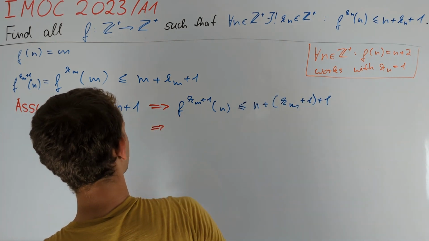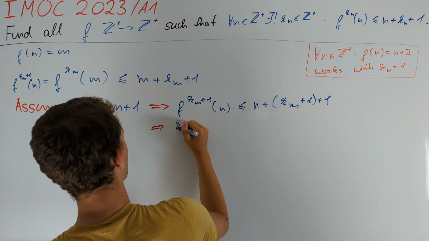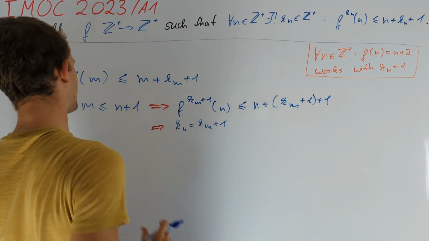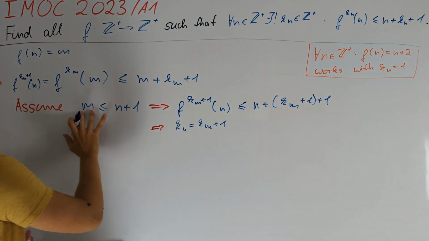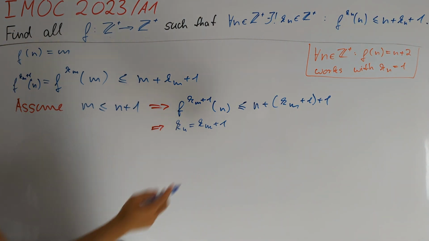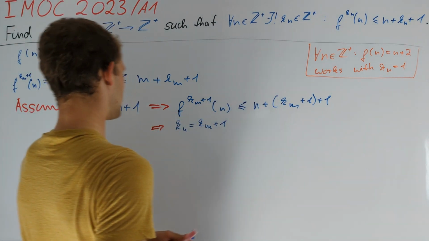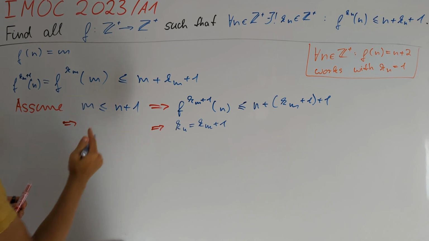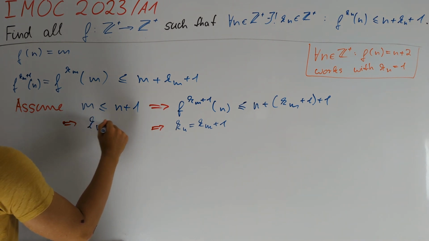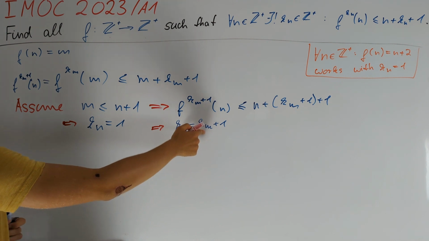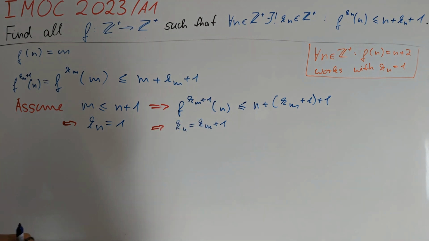Therefore, we can conclude that k_n must be equal to k_m plus 1. On the other hand, we have f of n equal to m less than or equal to n plus 1. Taking a look at the inequality, this immediately gives us that we also must have k_n equal to 1. And this is of course a contradiction, because k_m is greater than 0, and so these two values are distinct.